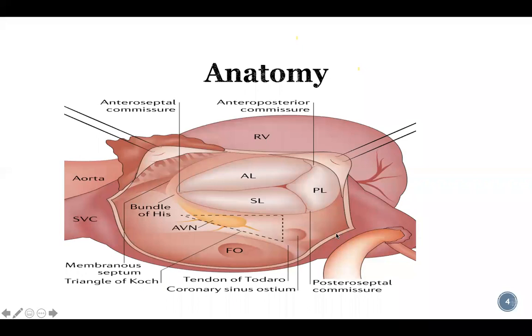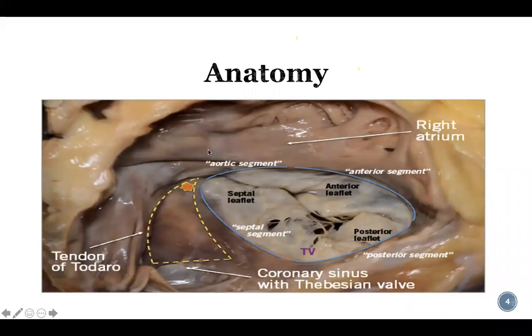And the most important thing is to pay attention to the surrounding structures around the valve, mainly the conduction system, which lies in the triangle of Koch, and the aortic valve, and also you need to be aware of the right coronary artery, which runs in this area.